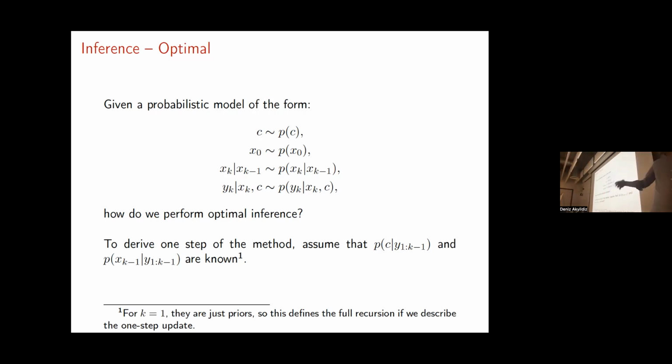So if you know how to do the one-step update from here, then you can do exact inference. So we assume that we have these things, and we look at whether we can figure out the update.